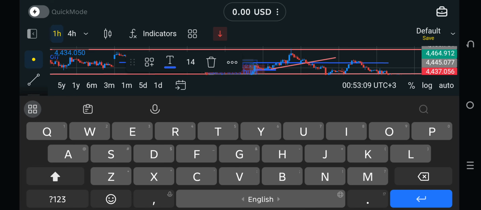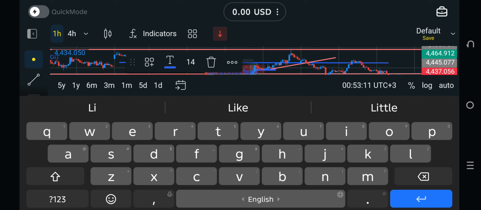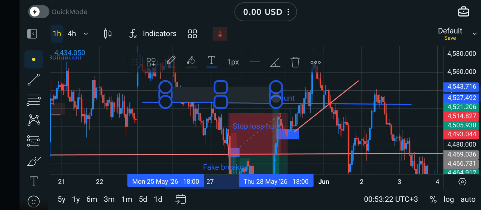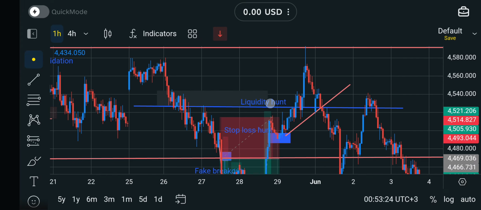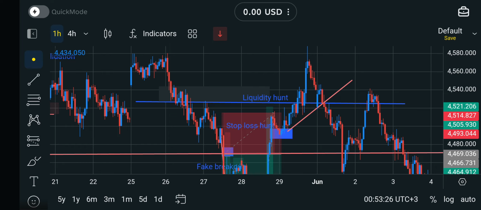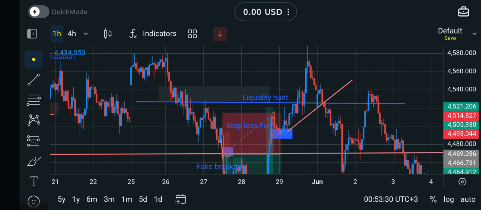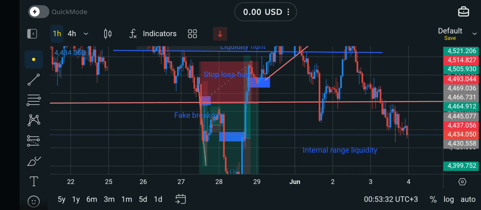This is liquidity. I know people ask me about these particular terminologies, but we should understand them better and better, because this is ICT trading and there are some terminologies that you should be familiar with. I'm going to be talking about them time and again.